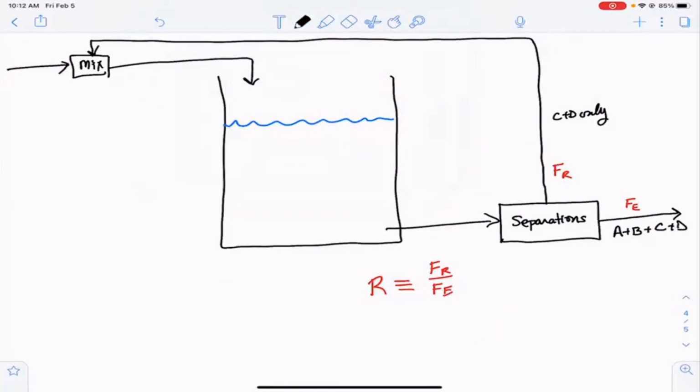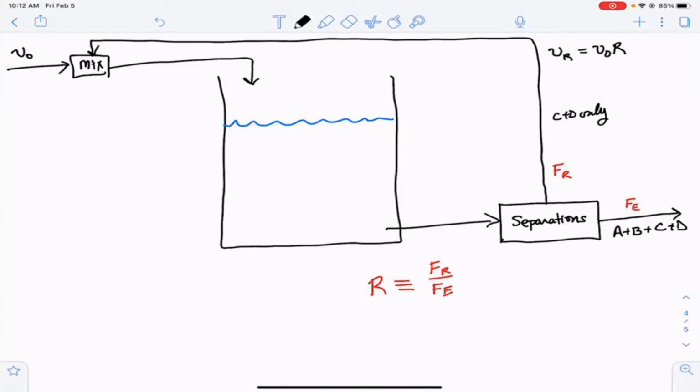What that leads to then is a volumetric flow rate, since these are both in the liquid phase in this problem, that is also related to this, right? We have some initial amount coming in at some volumetric flow rate V0. We have some volumetric flow rate coming in here, which we're going to call VR, which really is just V0 times the recycle ratio.